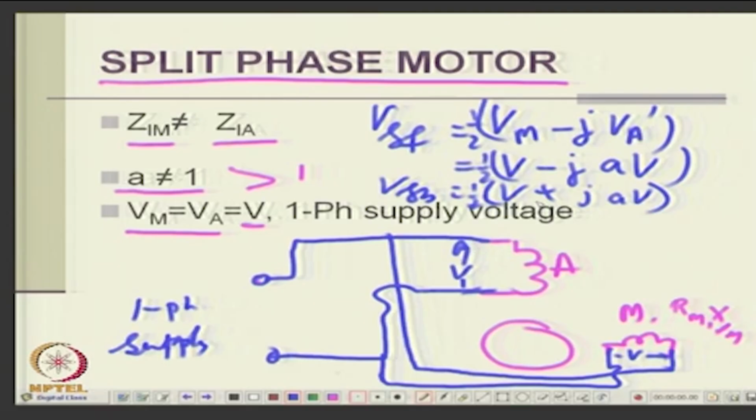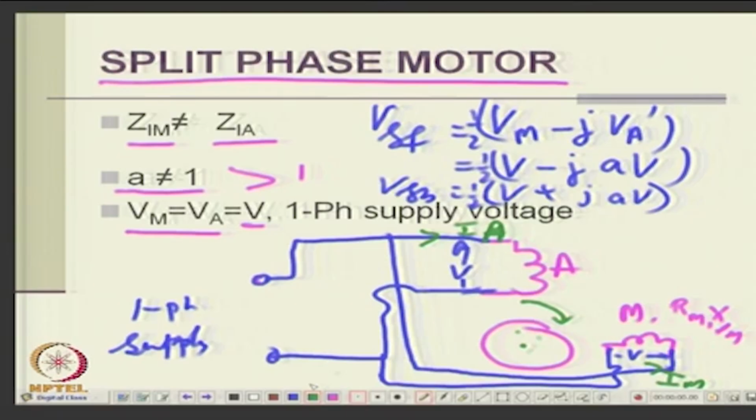Then you can find out the current Im and the current Ia, and for any given slip you can find out the torque, etc. Is it clear? Any doubt?